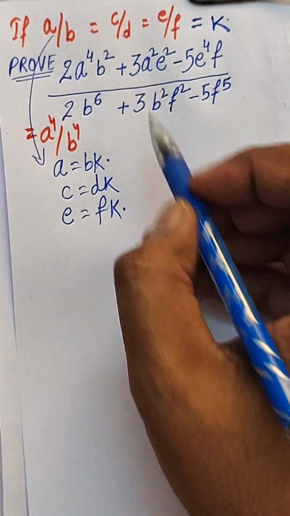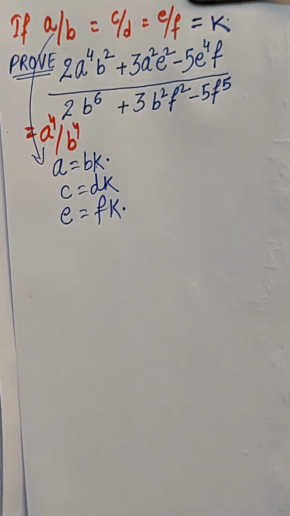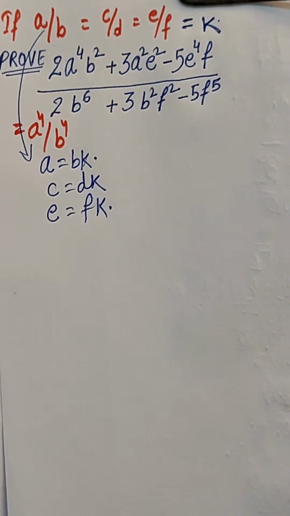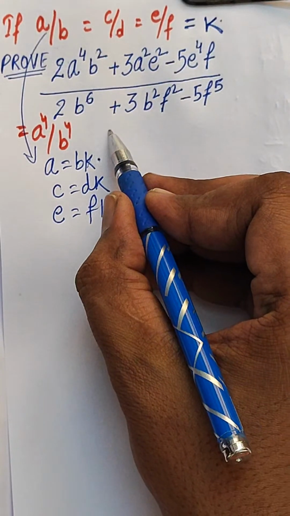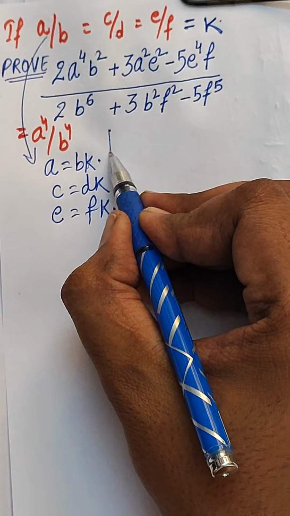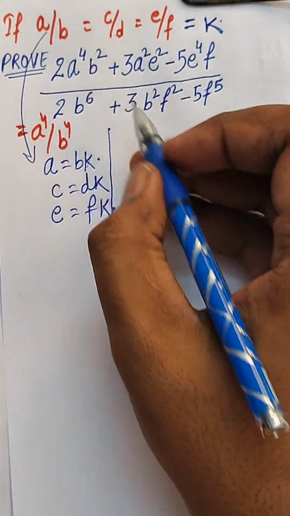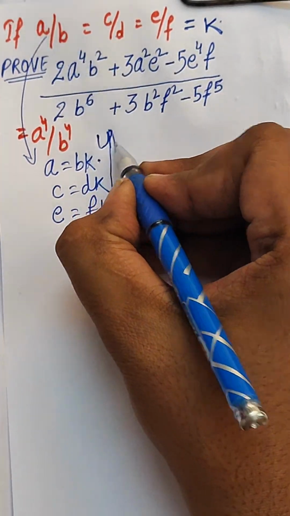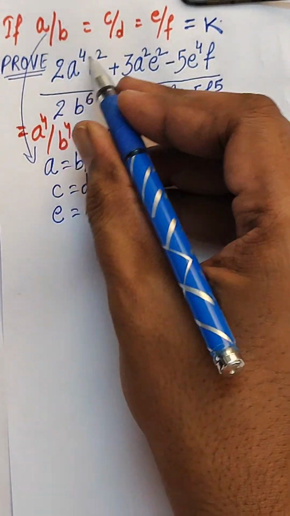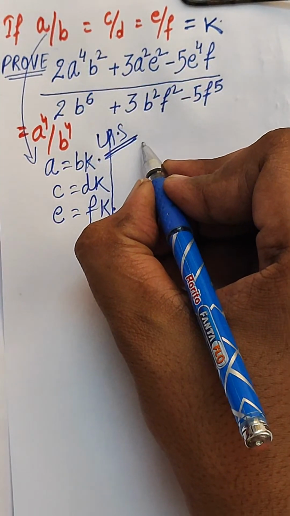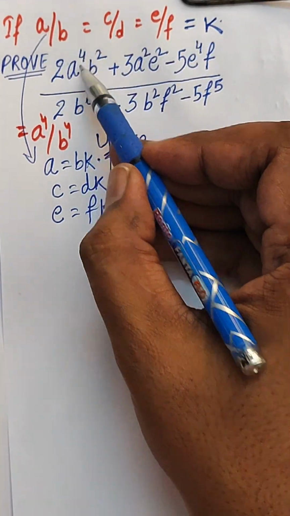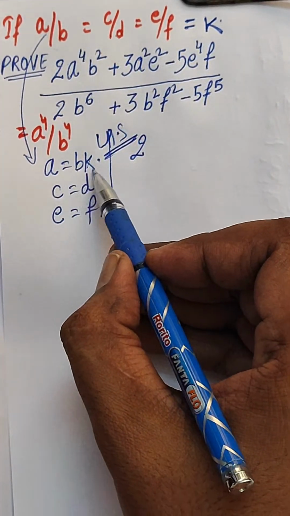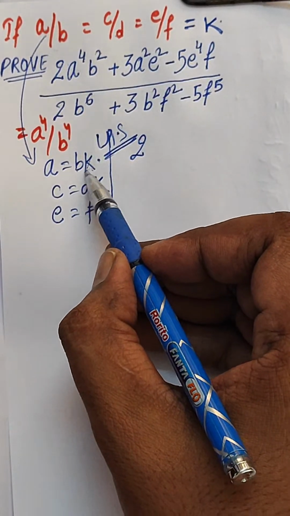So the LHS shown to you can be written using this. The LHS can be written as 2a^4 b^2. Instead of a^4, just write the value bk. Why am I doing it?